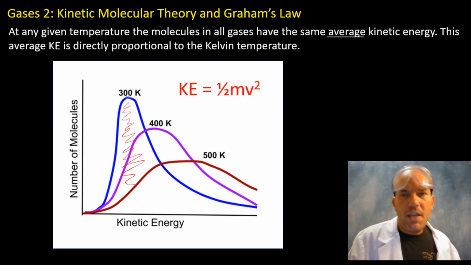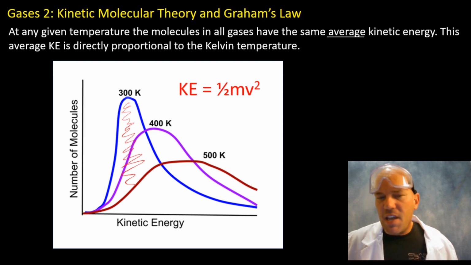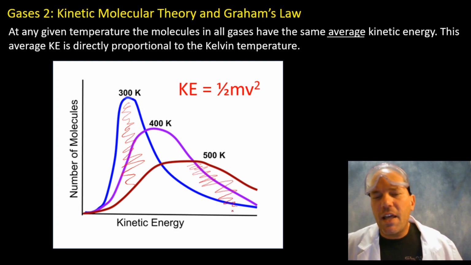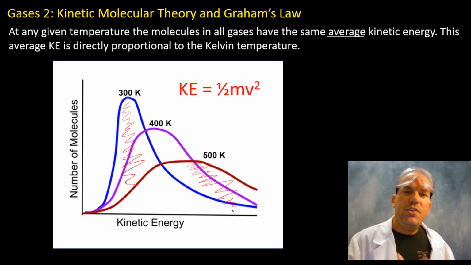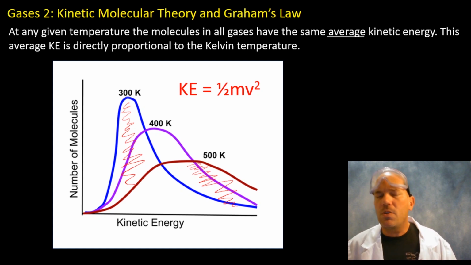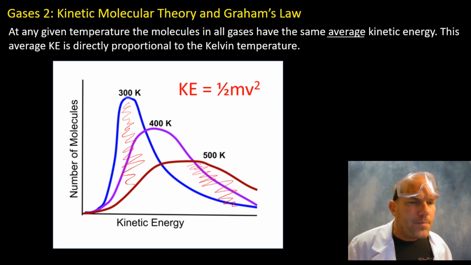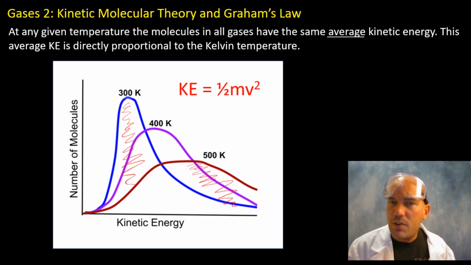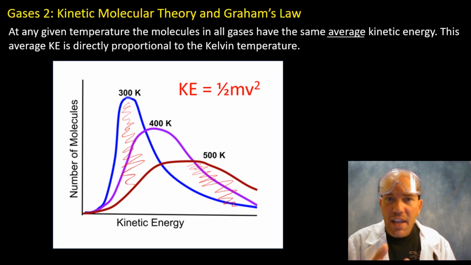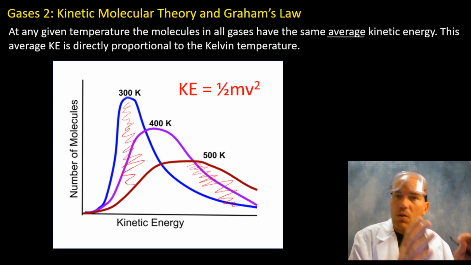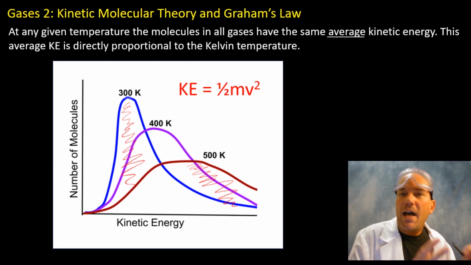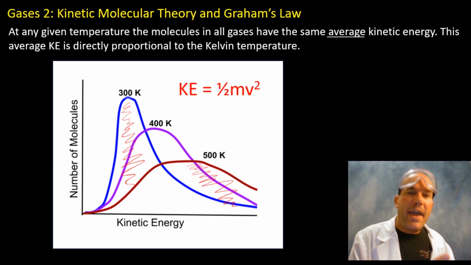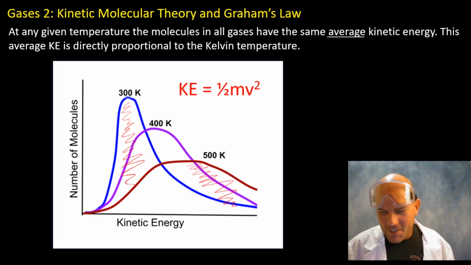As temperature increases, we see a shift where now more molecules have a higher kinetic energy, and that is showing this directly proportional relationship. However, the number of molecules here is not changing. We're just seeing an overall shift to a higher kinetic energy as temperature increases.